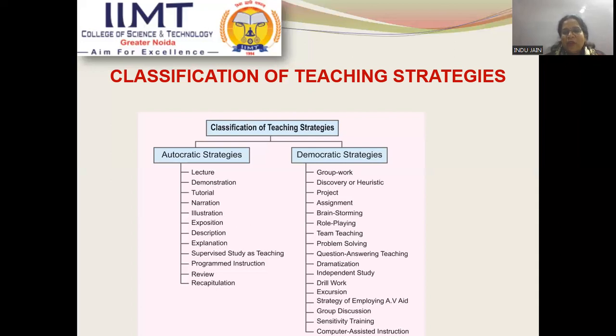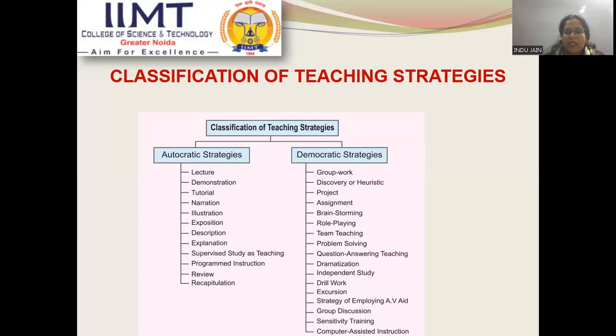The examples of democratic strategies are group work, discovery or heuristic, project, assignment, brainstorming, role playing, team teaching, problem solving, question answer, dramatization, independent study, drill work, excursion, strategy of employing audiovisual aids, group discussion, sensitivity training, computer assisted instruction, CAI.